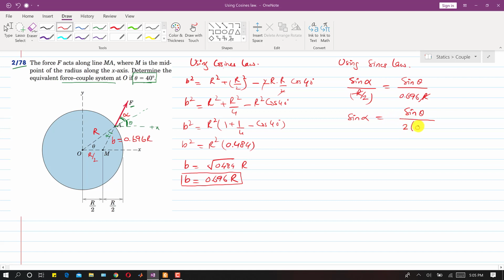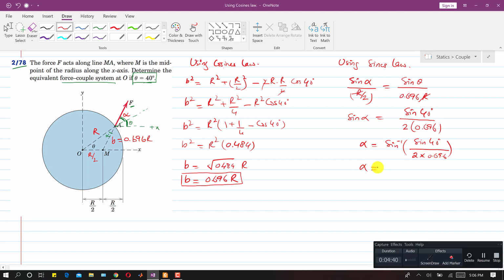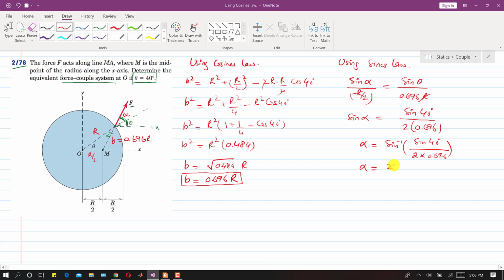So alpha will be equal to sine inverse of sine of 40 degrees divided by 2 into 0.696. This gives us the alpha angle. So alpha comes out to be 27.5 degrees.